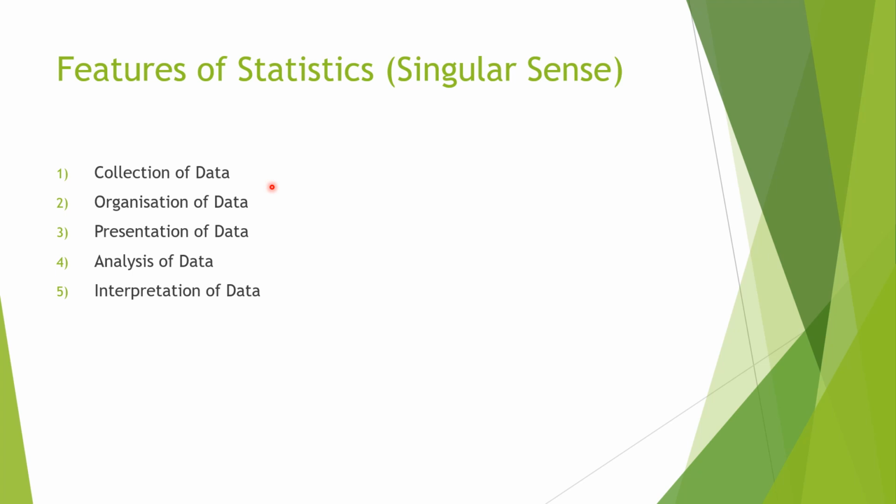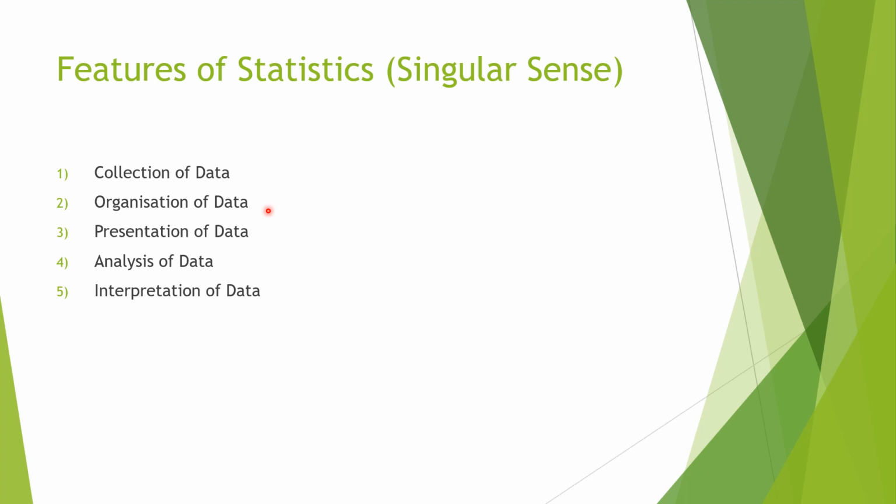After collecting the data, the second step is the organization of data. We need to classify the collected data to make it understandable and comprehensible. On the basis of their common features or similarities, we classify the data into different groups, subgroups, categories, and subcategories.